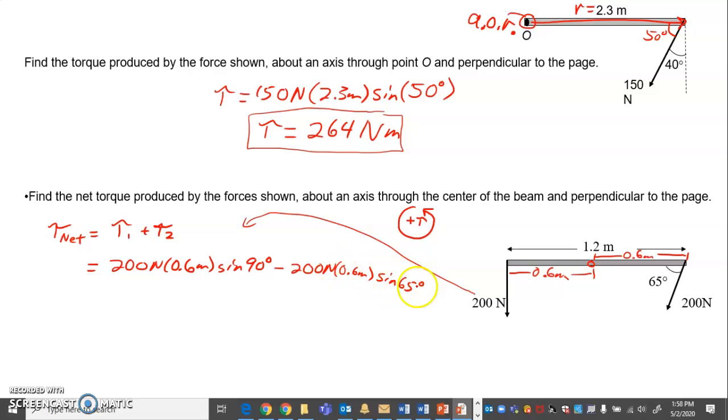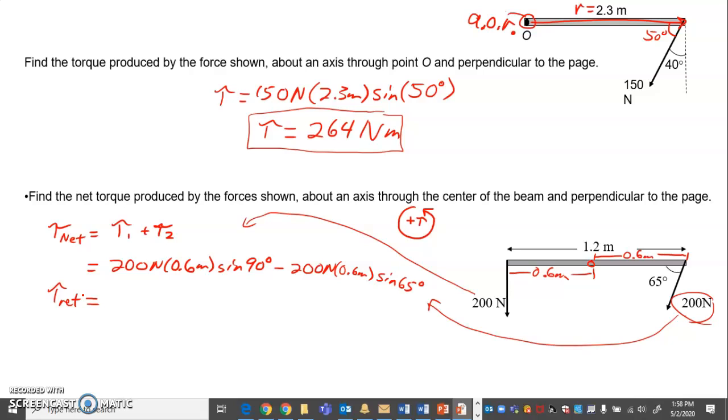Sorry, this is going a little downhill here. I didn't plan very well. But this force right here, compared to this axis of rotation, is going to cause a clockwise rotation. Okay, a clockwise rotation. And so that's the negative direction, so that's why I put a negative sign there. So this force here, creating that torque. And so now we can figure out our net torque.